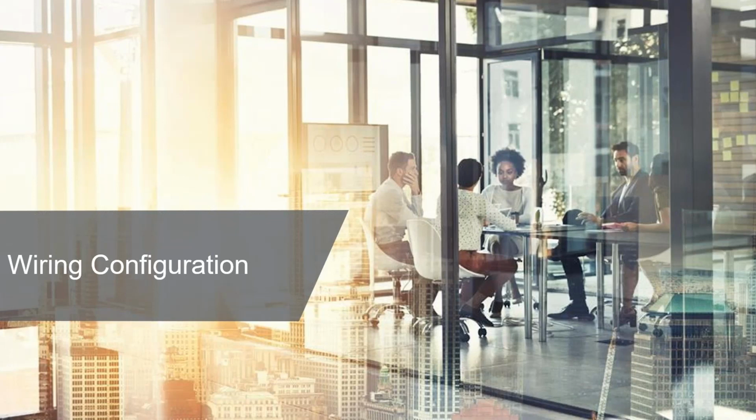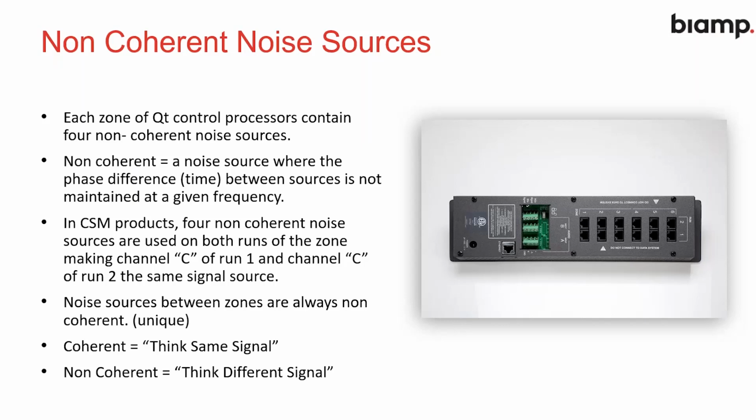So we've laid out the emitters, and the next portion that we need to consider is how we wire these emitters together. With our sound masking systems, something that's very important to note is that in each zone, we have 4 sound masking spectrums all working together.